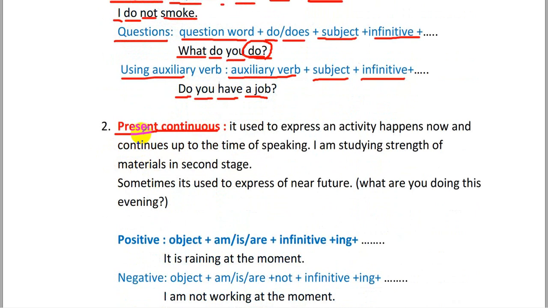Number 2, present continuous. المضارع المستمر. It's used to express an activity happens now and continues up to the time of speaking. نستخدم للتعبير عن فعل أو حادثة حدثت الآن واستمرت إلى وقت التكلم. For example, I am studying strength of materials in second stage.